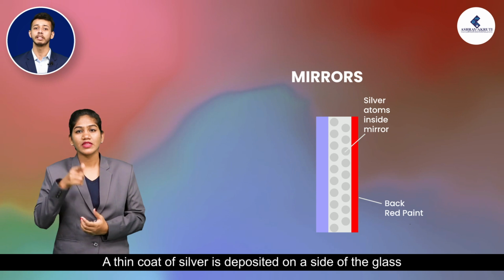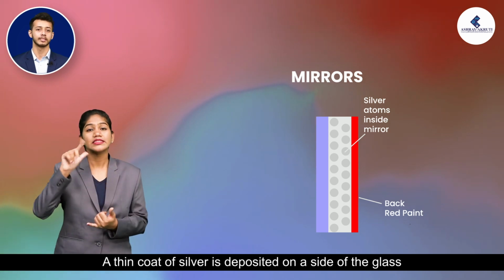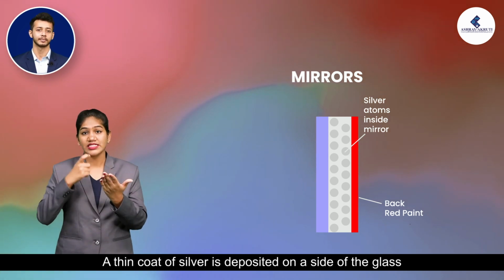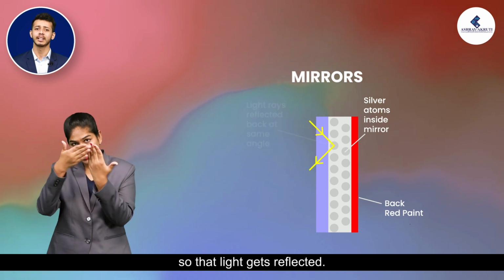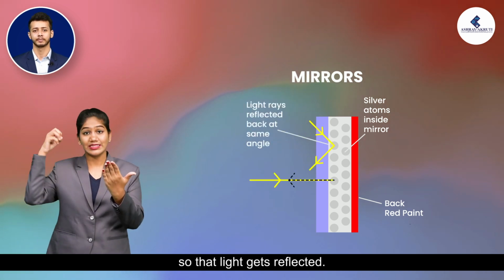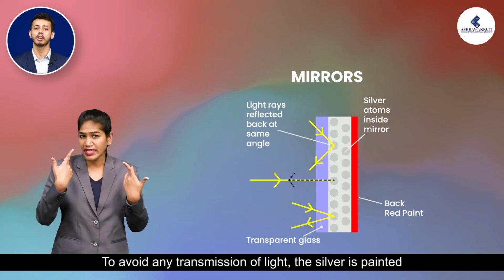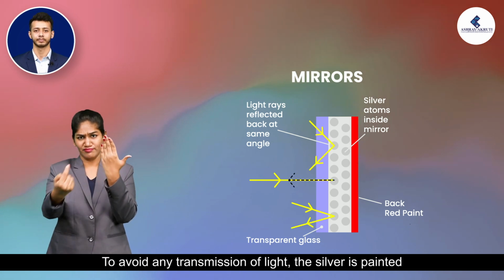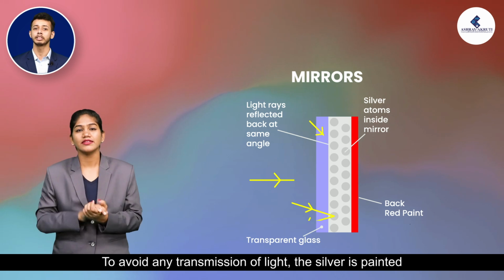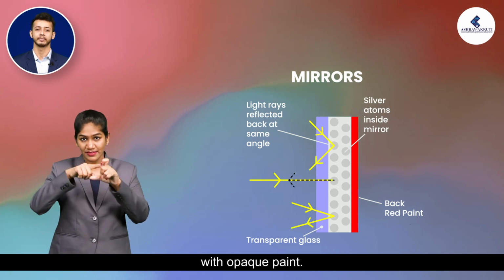A thin coat of silver is deposited on a side of the glass so that light gets reflected. To avoid any transmission of light, the silver is painted with opaque paint.